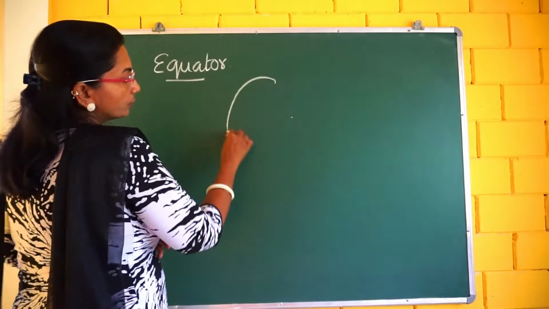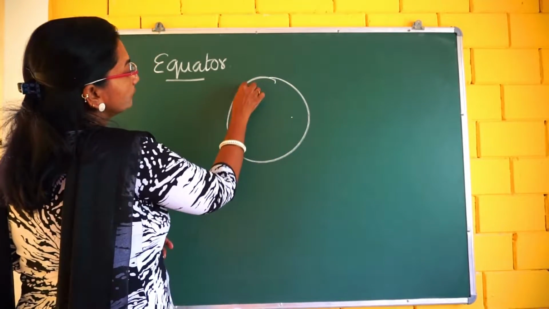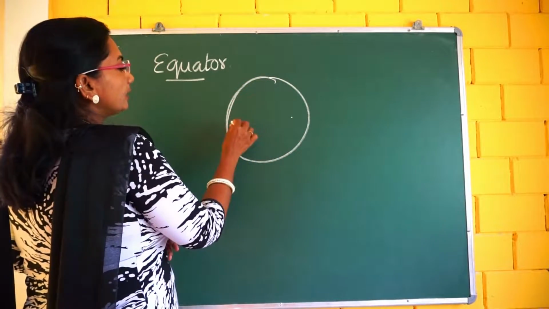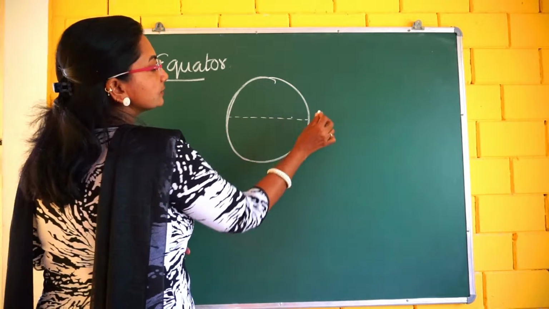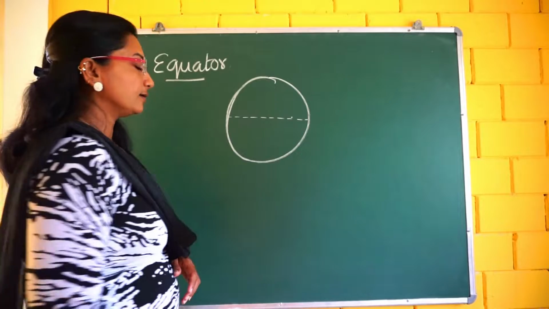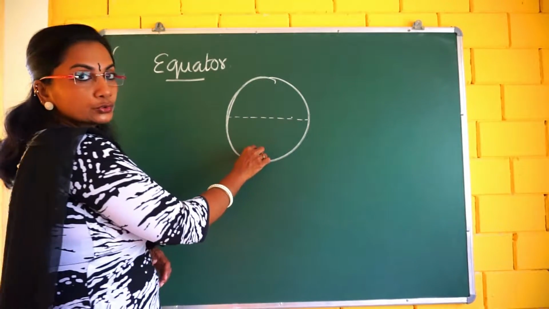Next I am going to take the point equator. I am going to draw the shape of the earth. Look, an imaginary line is passing through the center of the earth and dividing the earth into two halves.